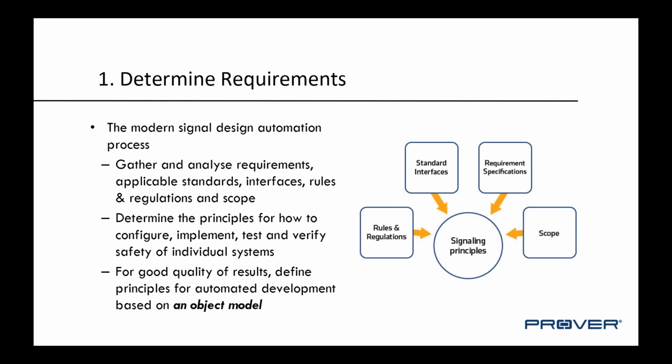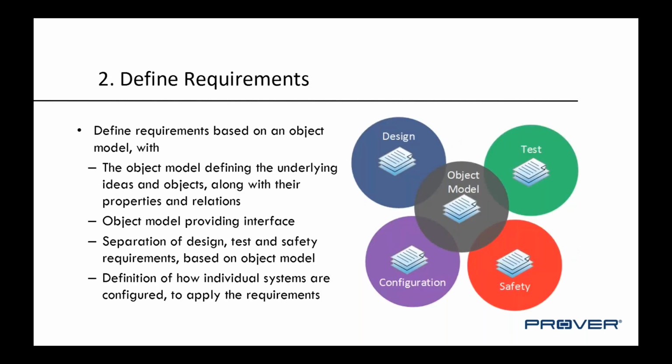And a key part here that we promote is the use of what we call an object model. An object model specifies clearly the different interfaces for the physical objects, but also for the different parts of the requirements, so that you can have design requirements developed independently of the test requirements or the test cases, because they have a common structure, the object model, that they can refer to.